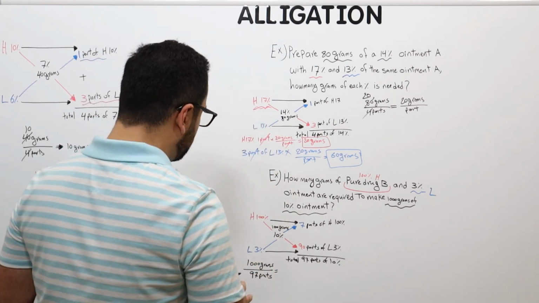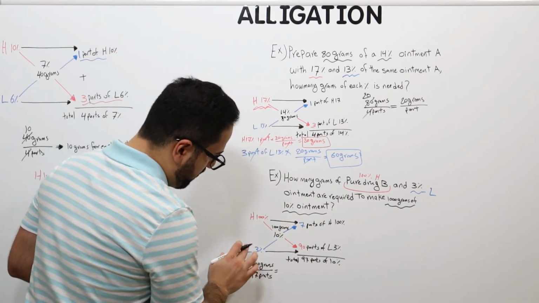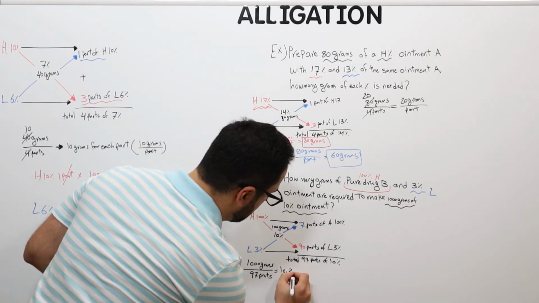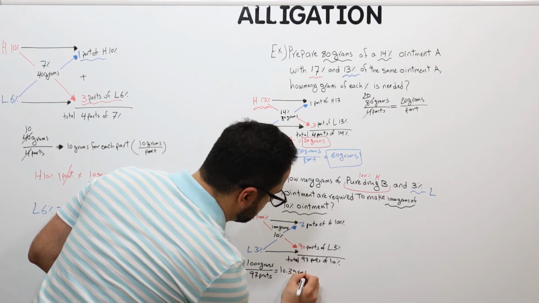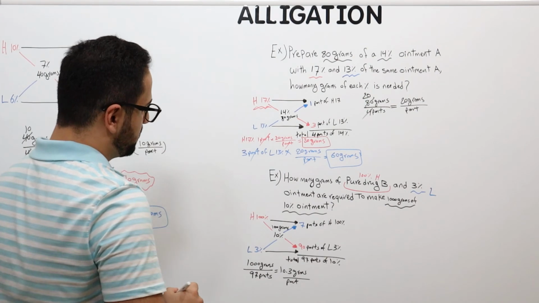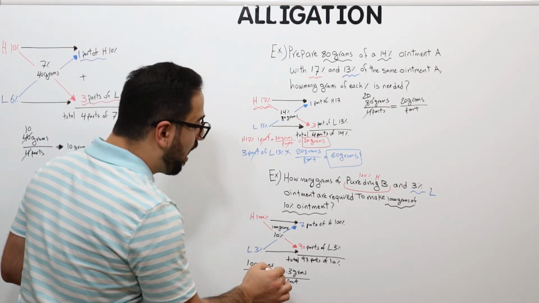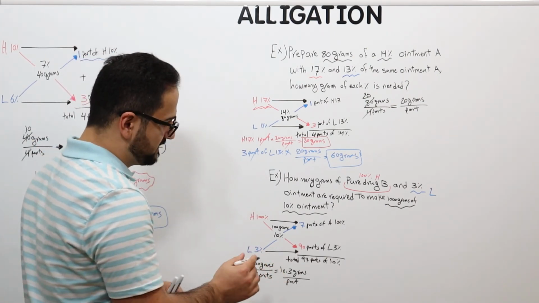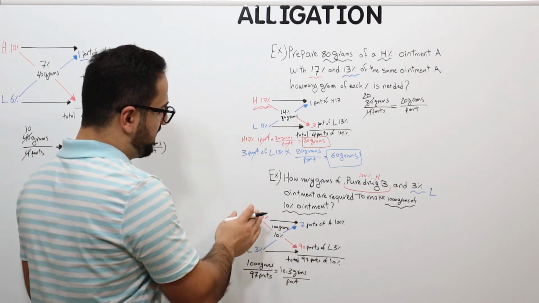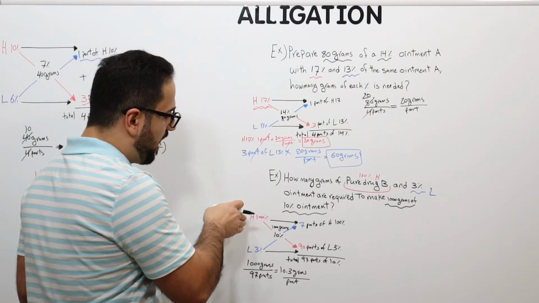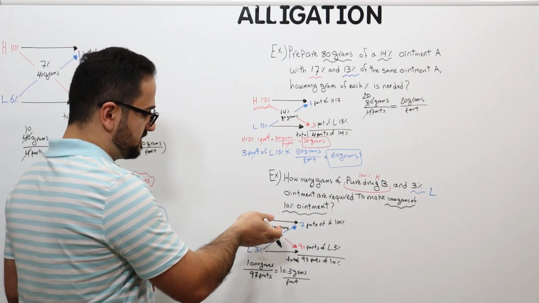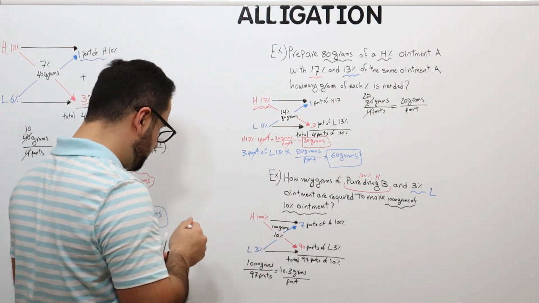If you do this in a calculator, 1,000 over 97 is going to be equal to 10.3 grams per part. So now we know how many grams per part there are. The next step is multiplying 10.3 by 7 and 10.3 by 90 to find the number of grams from the high and low concentration for the desired concentration, which is 1,000 grams of 10%.